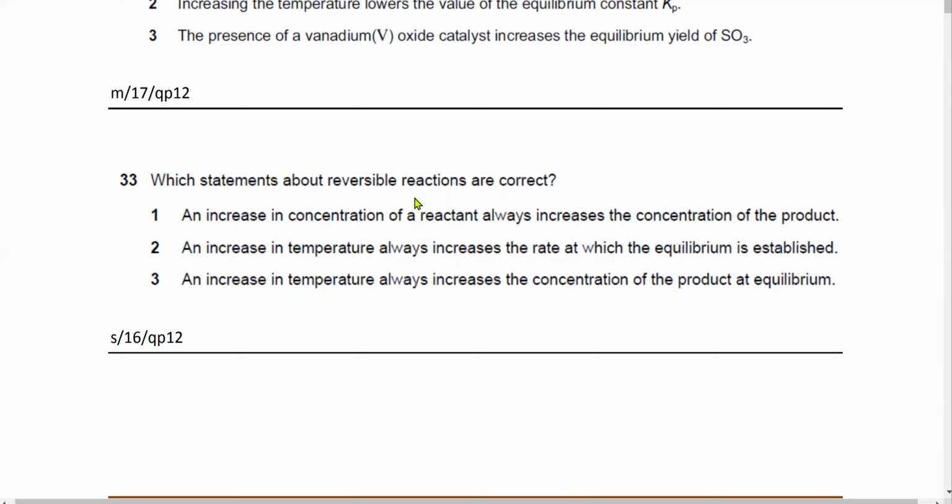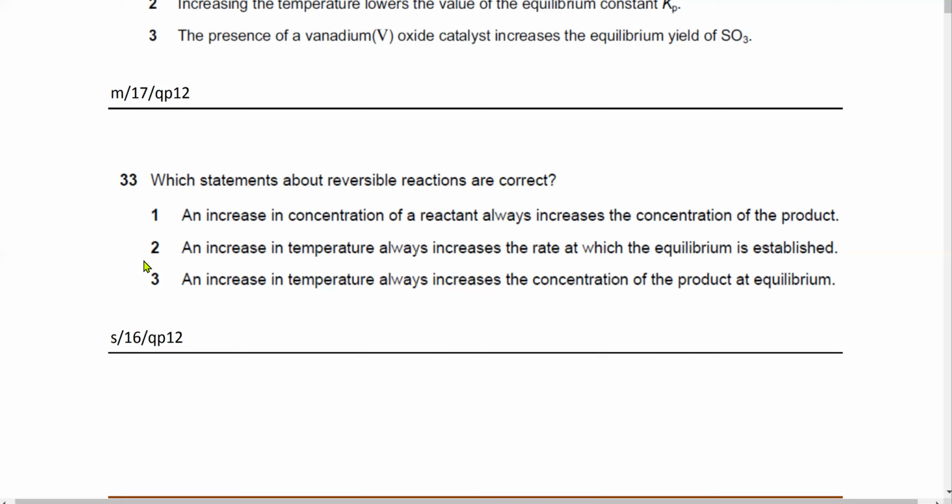That's the one that's correct. But in this question, multiple statements can be correct. What about the second one?